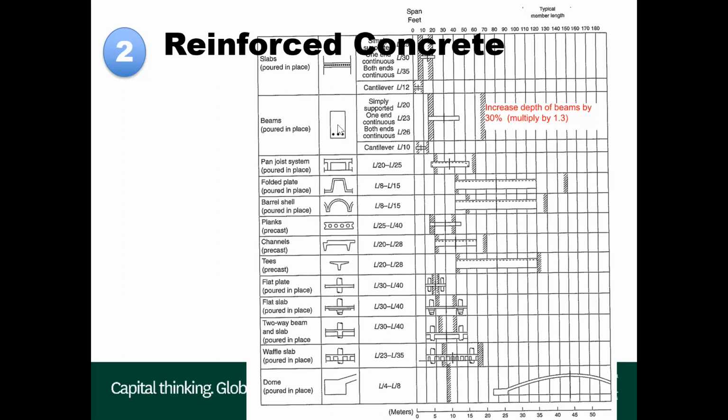But if the beam is simply supported, it can span anywhere from about 3 meters through to about 15 meters. And any further than that, a beam isn't very sensible. Typically, its depth is the span divided by 15. So if you have a 15-meter span, your beam will be at least 1 meter deep.